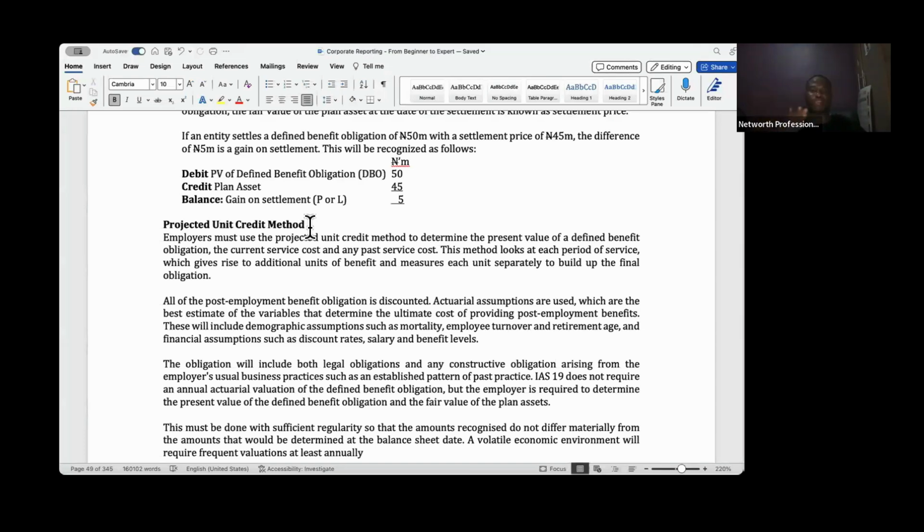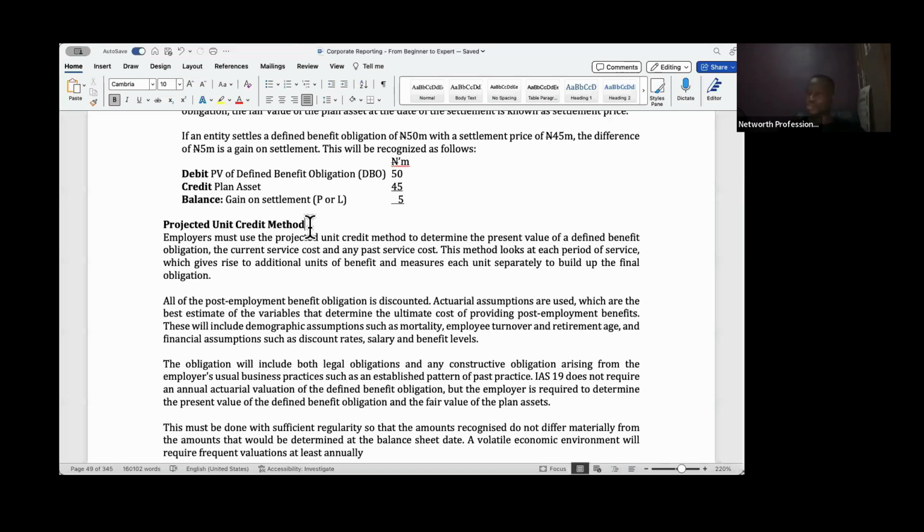And from the name, projected unit credit method, it works in such a way that every year the employee works, the employee will have created a unit of benefit for himself in the future. That's how they actually think. That is how they build up that current service cost. And that's how they eventually build up the obligation. That's the brain behind most of these figures they give to you.